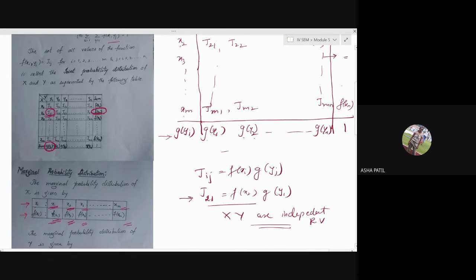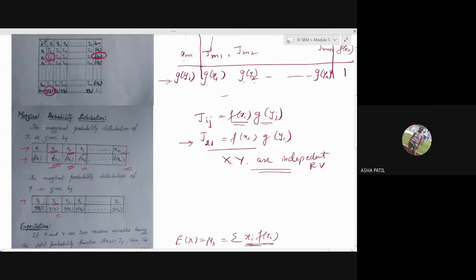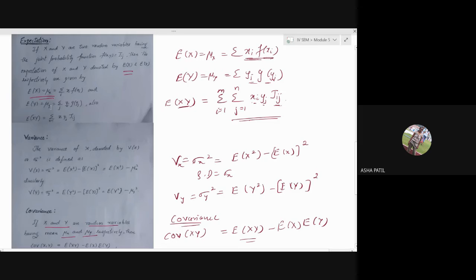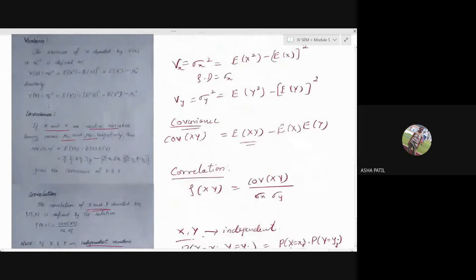So whenever you want to write Jij and x and y are independent, you can just multiply f of xi into g of yj. That will give us the corresponding Jij value. And this holds only if it is mentioned that x and y are independent random variables.